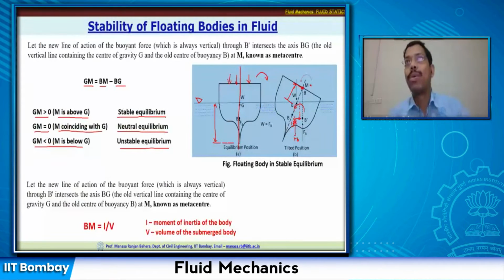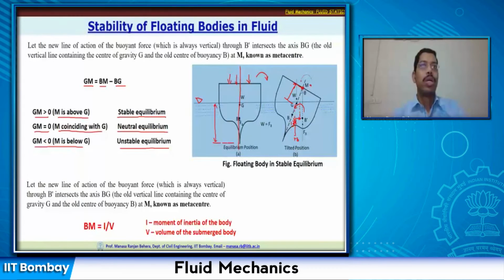This clockwise moment will lead to further displacement of this body, and the complete body is going to be unstable. So you should not have that condition. In case of floating bodies, it is important to find the distance of the center of gravity to the metacenter, and then we will be able to ensure whether the body is in stable, neutral, or unstable equilibrium.